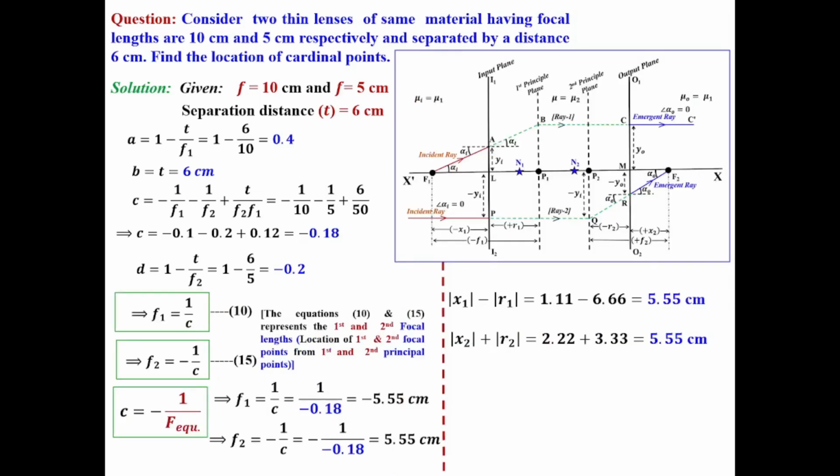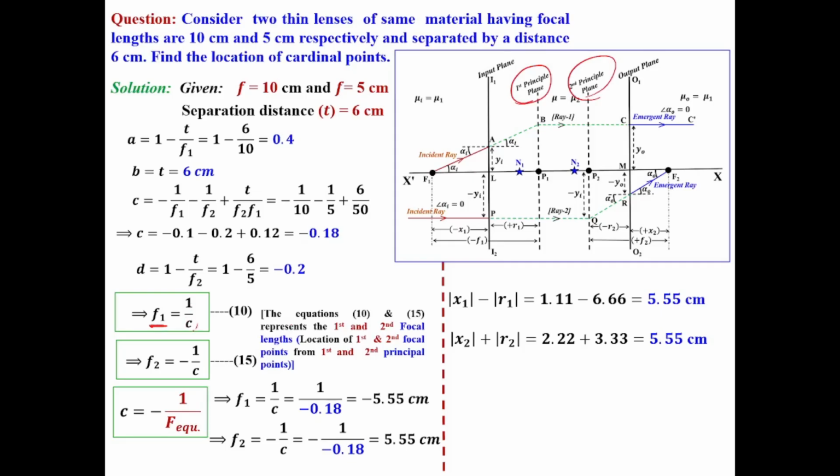Now we have to find out the location of focal point from first principal and second principal plane. So from the first principal plane, f1 equal to 1 by c.